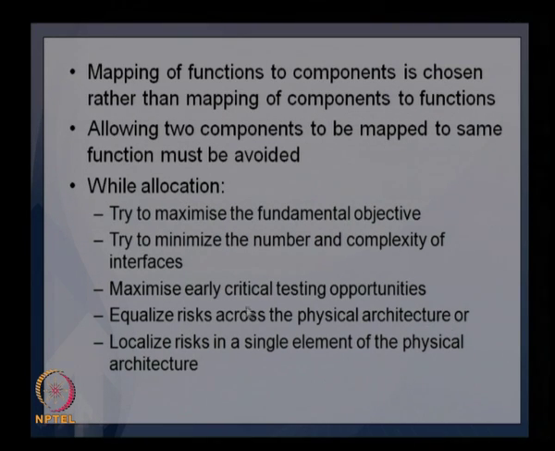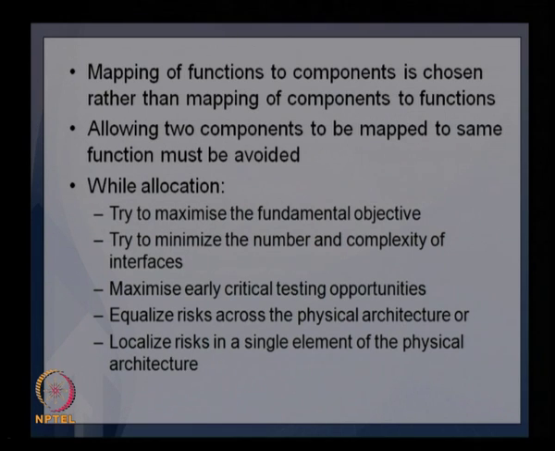If you identify some risks in the system, try to equalize or distribute them evenly across the physical architecture, instead of making one system, one particular subsystem, or some particular component very risky. Or you can localize risks in a single element of the physical architecture.